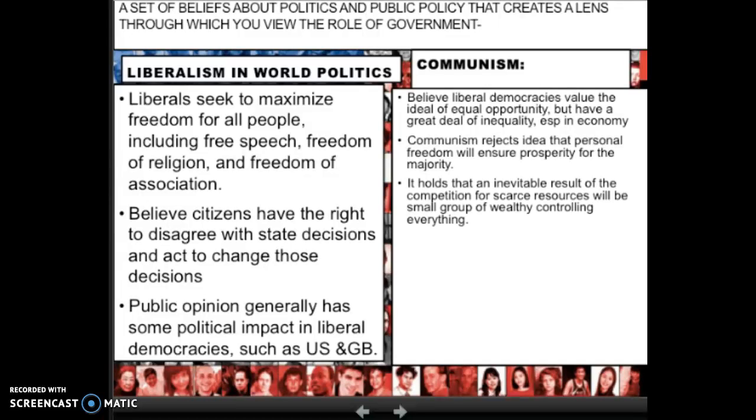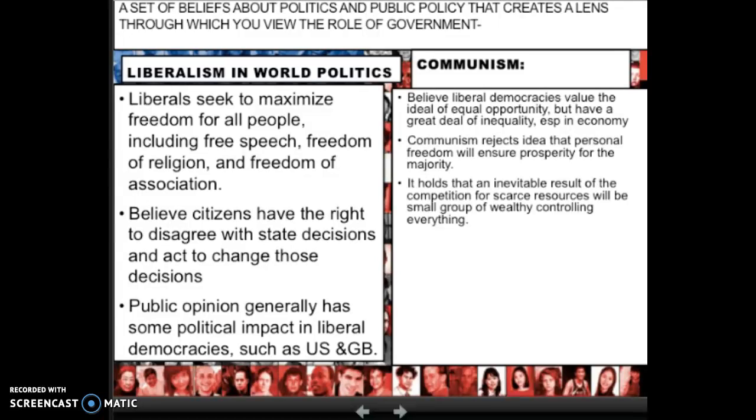Okay. Communists also believe that all of this freedom and choice will inevitably result in a competition for the scarcest of all resources, which will eventually lead in liberal democracies to one elite group controlling the resources of the country. So that idea of the wealthy are only going to get richer and the poor are only going to get poorer.